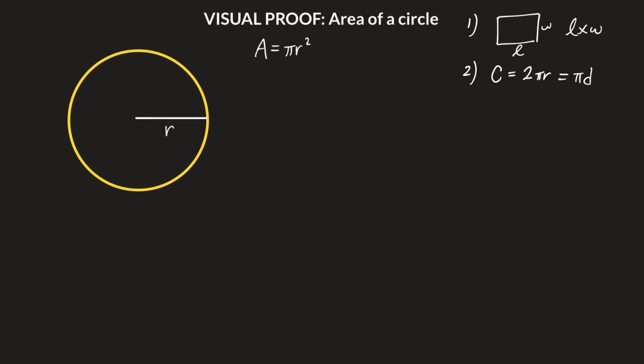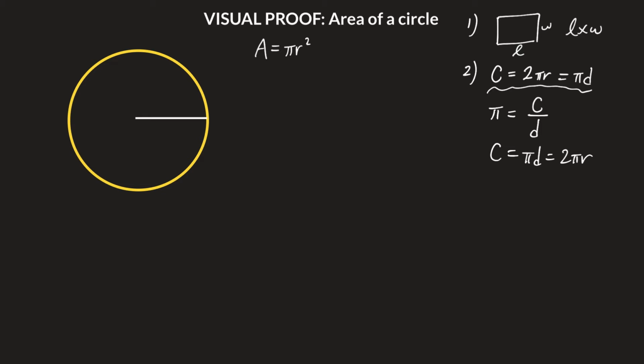And the reason this formula holds is there's no real proof for it, because the way that mathematicians have defined the number pi is as the ratio of the circumference of the circle to the diameter of the circle. This is just the way that this number pi is defined. And if you rearrange it, c is equal to pi d, and since d is equal to 2r, you have 2 pi r. That's it.